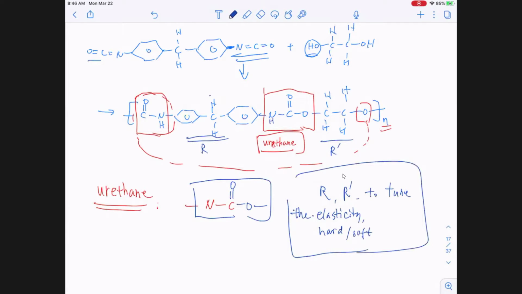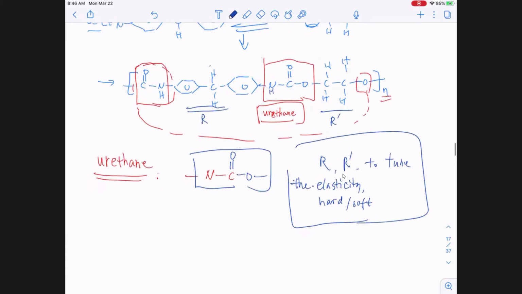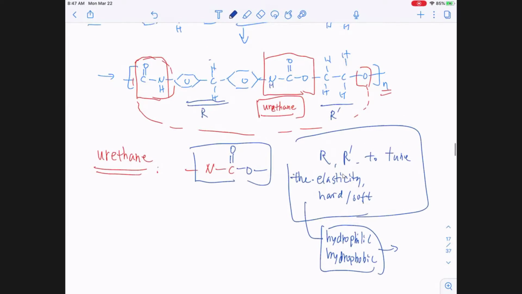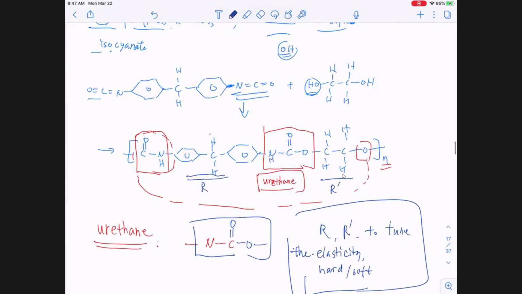Yes, we can control. And even hydrophilic or hydrophobic. And you can get tough materials and use this way to control the degradation. So that's polyurethane. It's very useful.